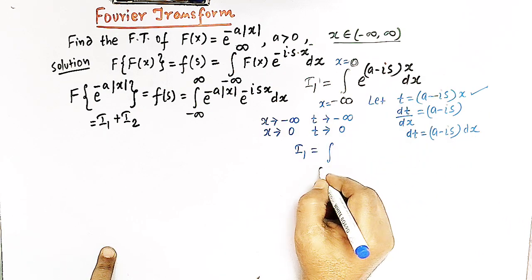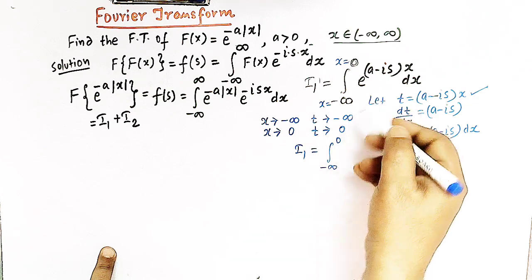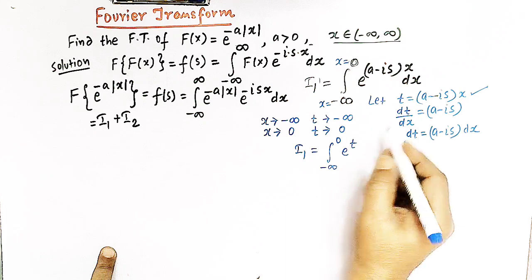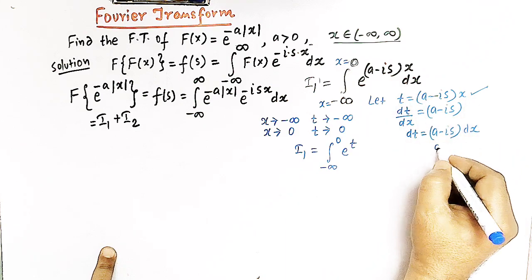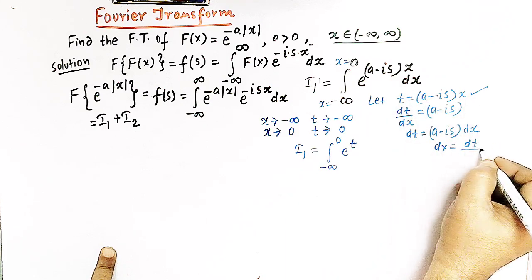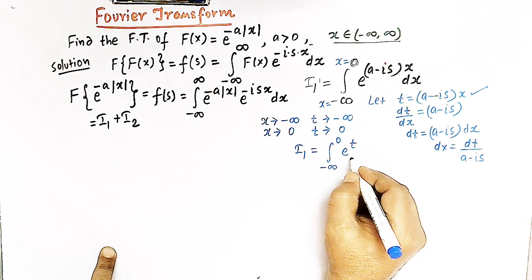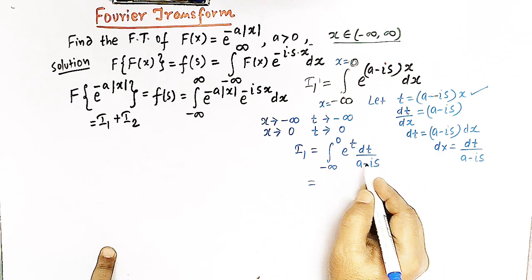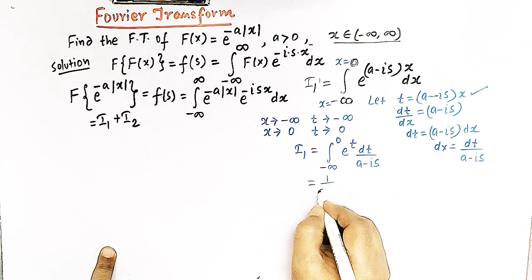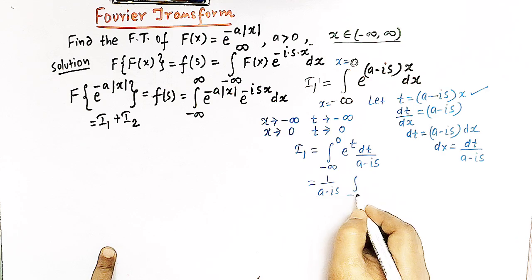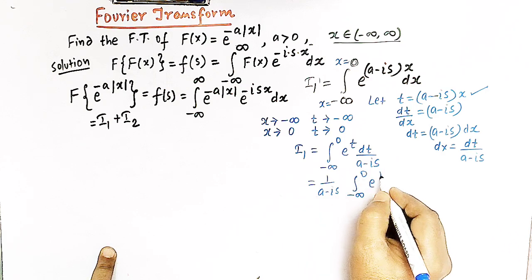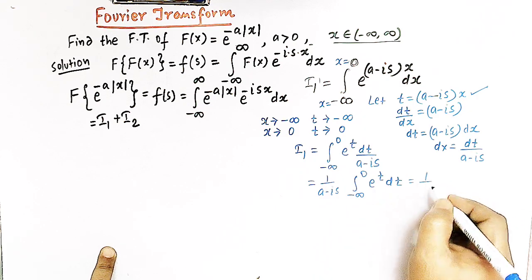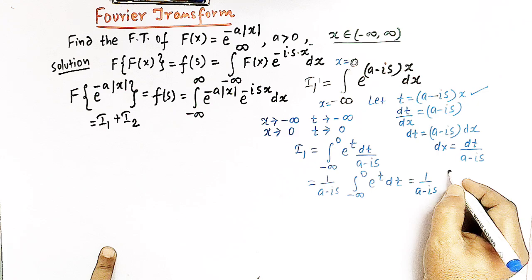The limits are minus infinity to 0, and we have e raised to t, and for dx we write dx equal to dt over (a − is). Taking 1 over (a − is) outside the integral, we have the integral from minus infinity to 0 of e raised to t dt.